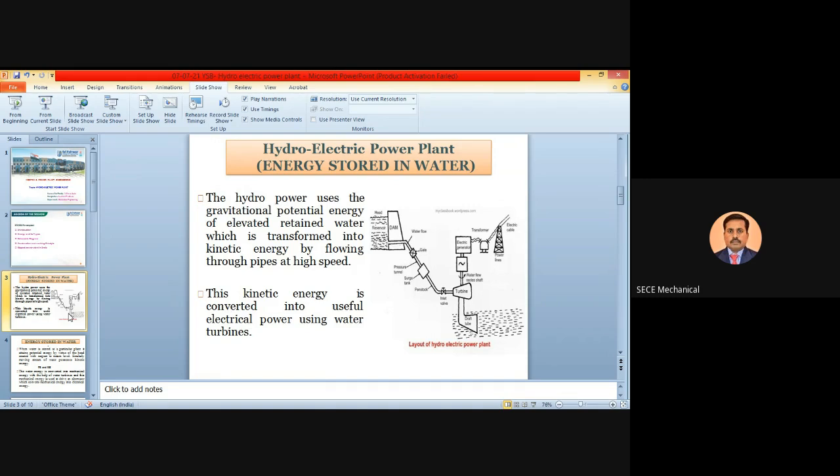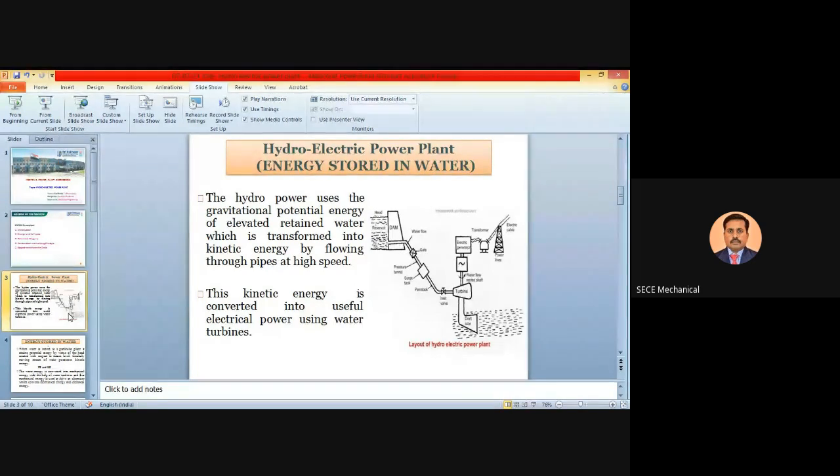What I am trying to say is that the water is normally stored in a place called a dam. With the construction of a dam, we can store the water in the reservoir. If water is stored in a particular place, it has potential energy.